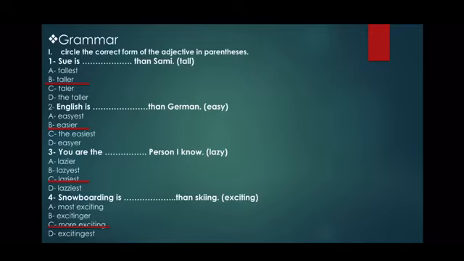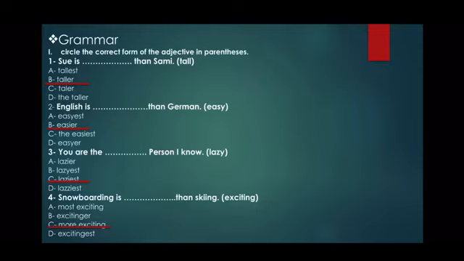And, of course, I should be careful. I should look at what the adjective ends with. And it ends with a consonant followed by a Y. So I remove the Y and replace it with an I, adding EST. So laziest, the answer is going to be C. Snowboarding is than skiing.